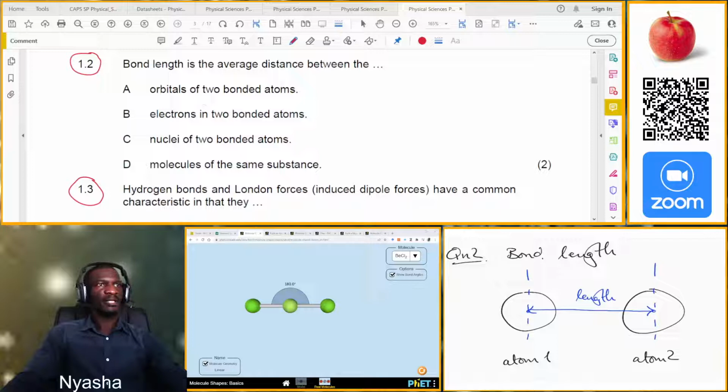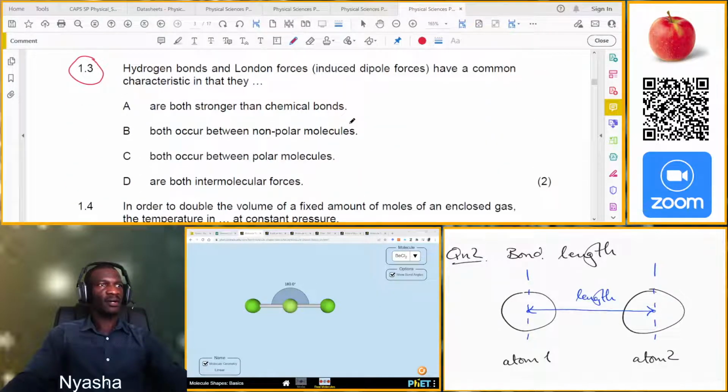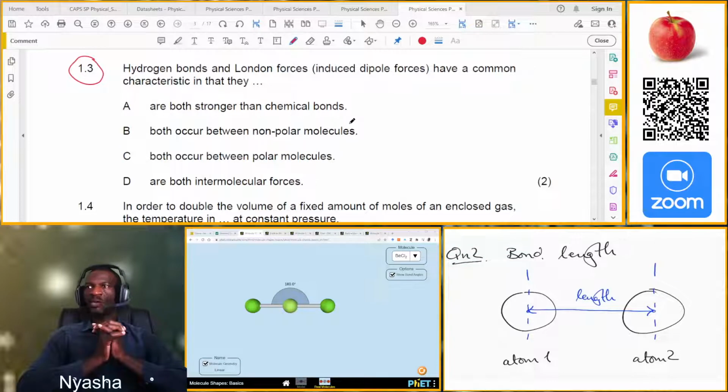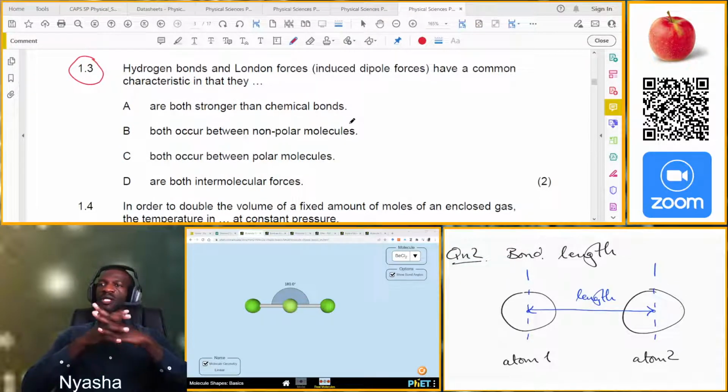Right, the next available option for us to attempt has to do with question number 1.3, and this question is asking us to discuss hydrogen bonds and London forces, which are also called induced dipole forces.